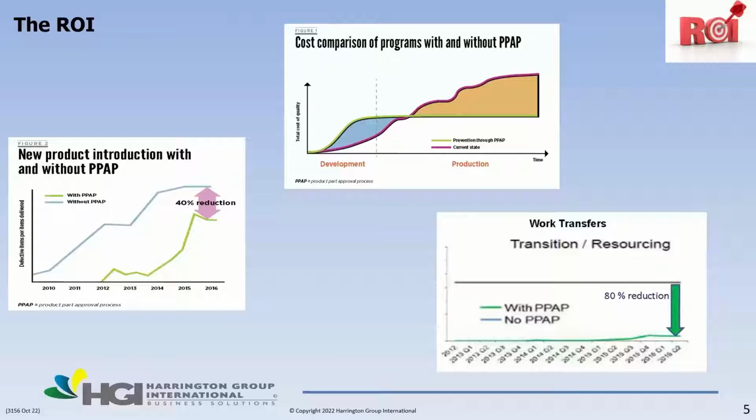And the subject of work transfers, which is being very much driven by the post-COVID business risk issues about bringing products back on shore out of China and back into the States or into the native countries that people are at. Again, like 80% reduction in problems with work transfers.